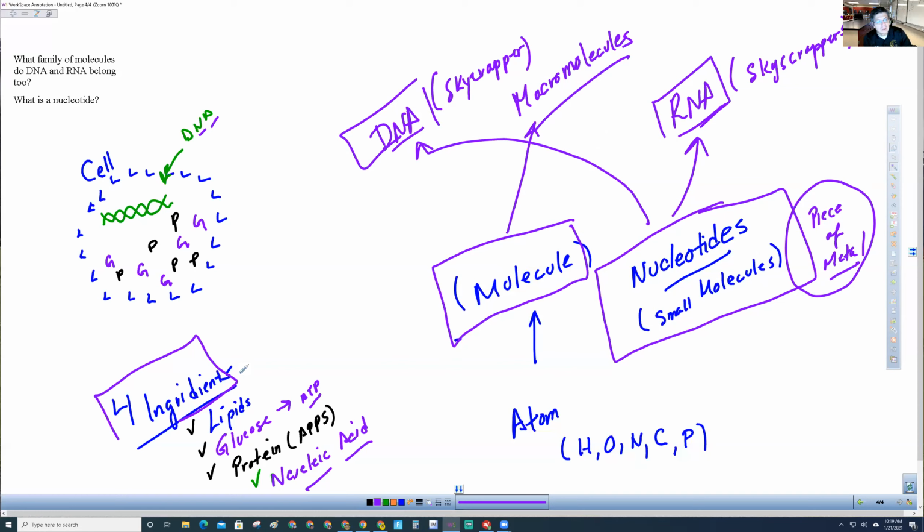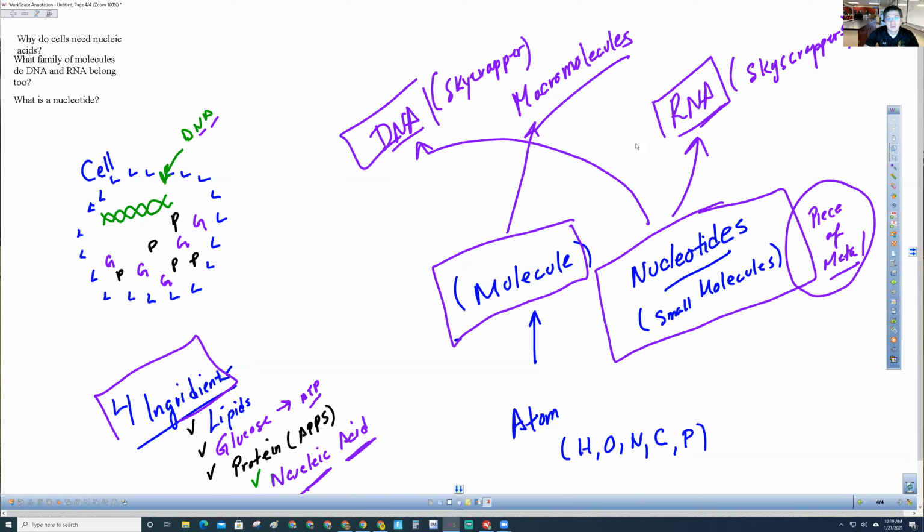Now, why do cells need nucleic acids? What do you guys think? Make DNA. Basically, Ben, this is what you said. If I would have asked you, why do cities need skyscrapers?